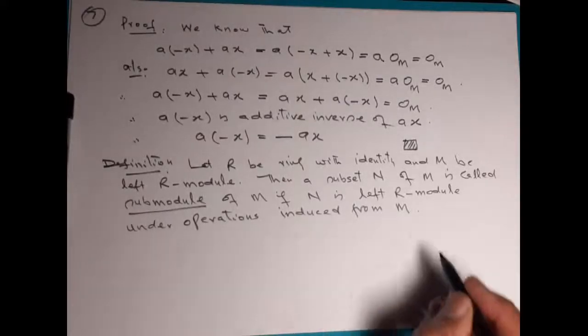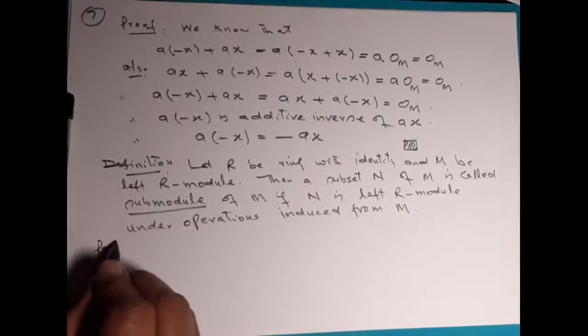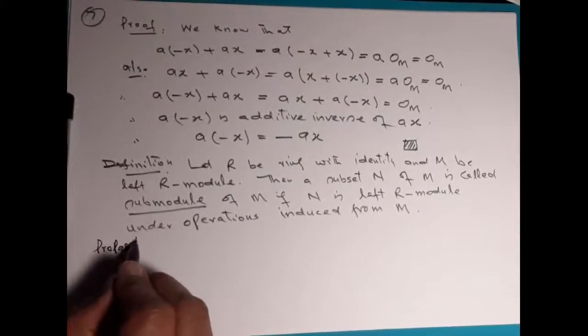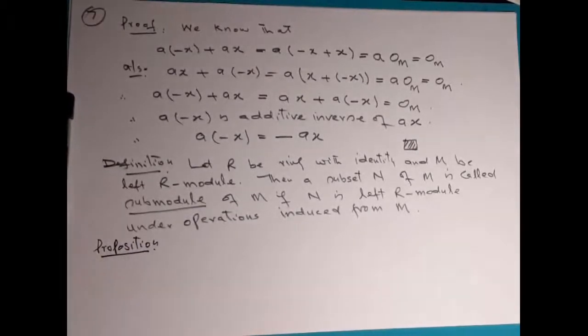So let's have a proposition. This proposition is in fact going to be the defining condition for some subset of a left R module being a submodule. So let's see this proposition.